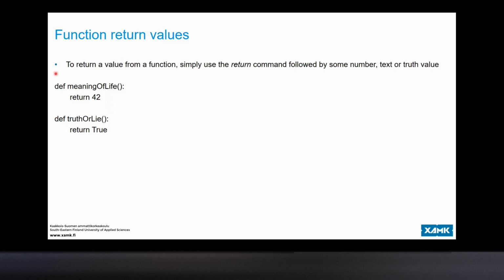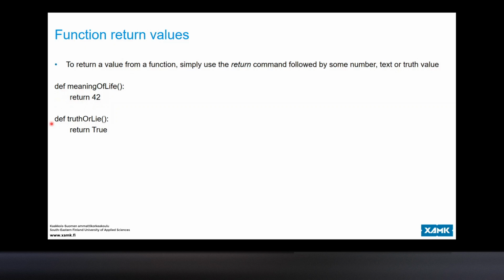That's done by using the return keyword or return command followed by some data. For example, if we have a function here called meaning of life, it may have some lines of code here. In the example, it just has one line saying return the value 42.